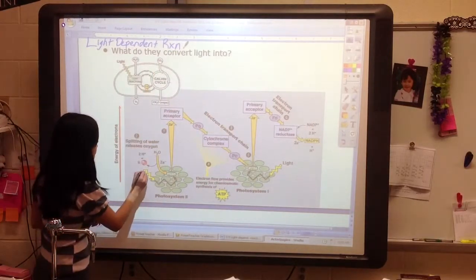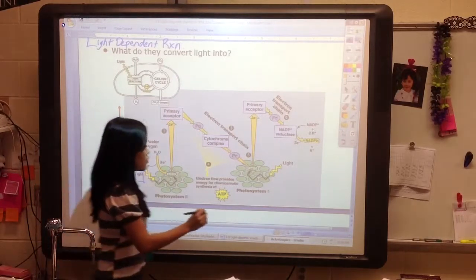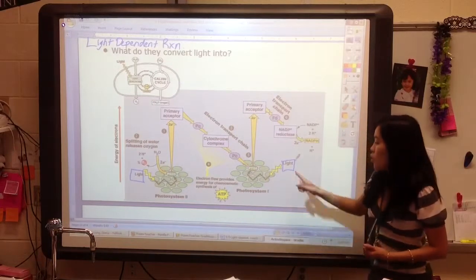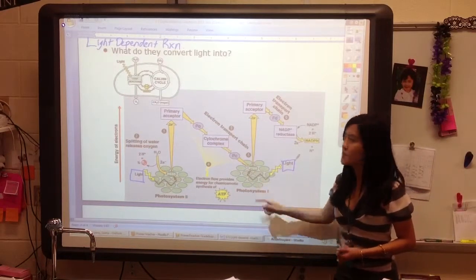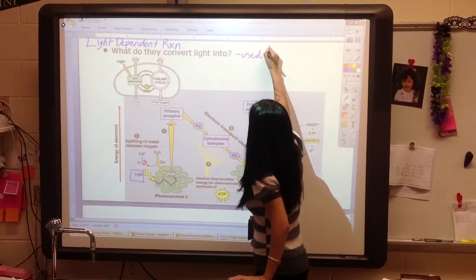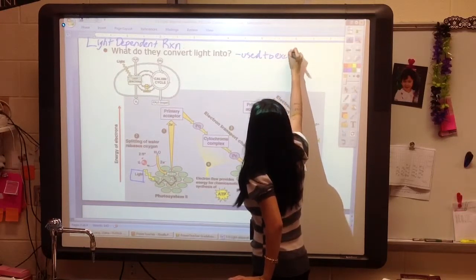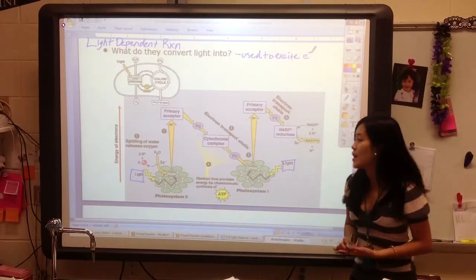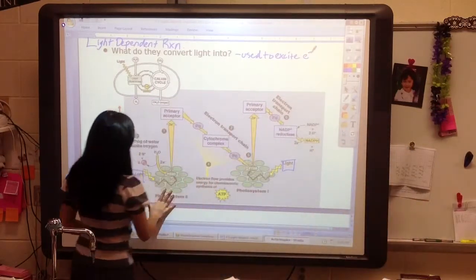Well, here you can see light being used in two places in this reaction. What is the light doing? Well, the light is actually going to be used to excite electrons, okay? So let's start at the very beginning.